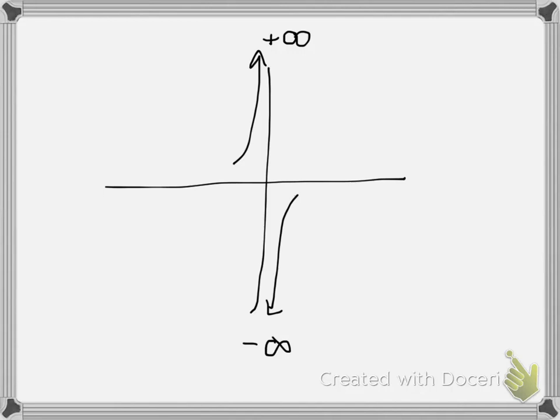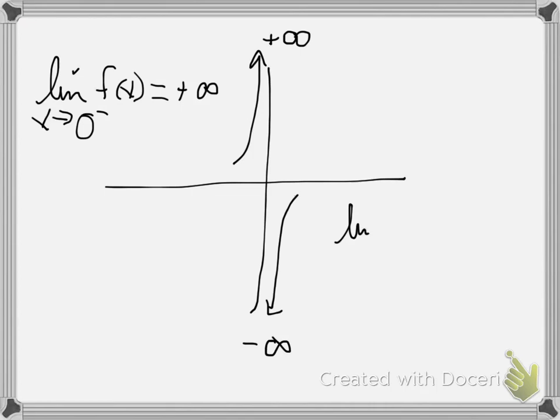That to me says, because I look at this and I say, well, now the limit as x approaches 0 from the negative side of this thing equals positive infinity. Okay? And the limit as x approaches 0 from the positive side of this thing equals negative infinity.